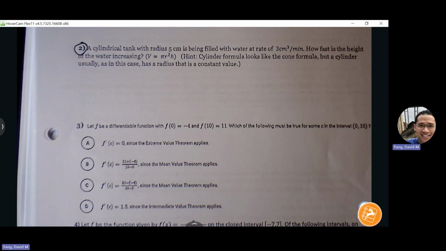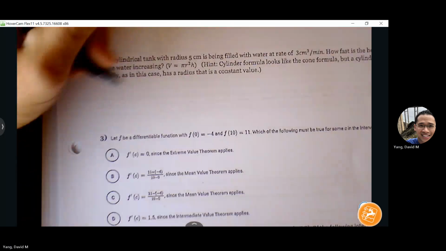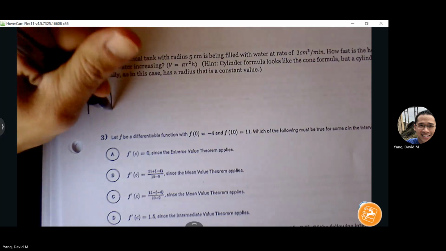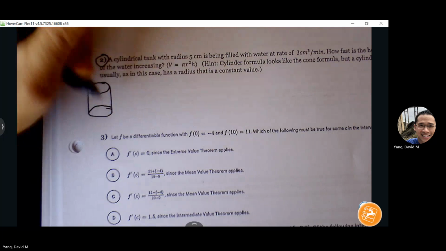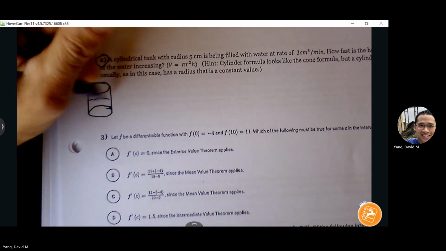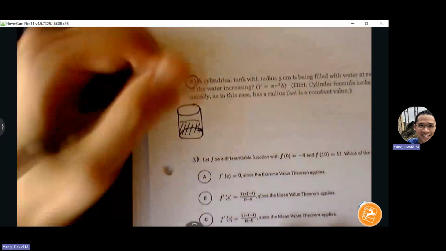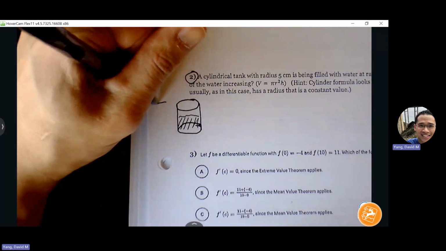So we have a cylindrical tank with a radius of 5, being filled with water at a rate of 3 cubic centimeters per minute. I just want to draw a cone for comparison purposes.